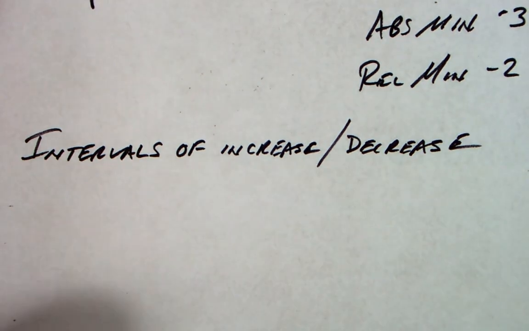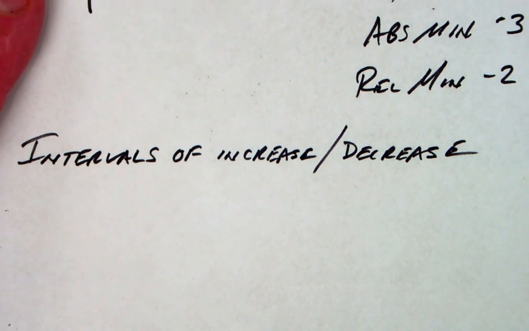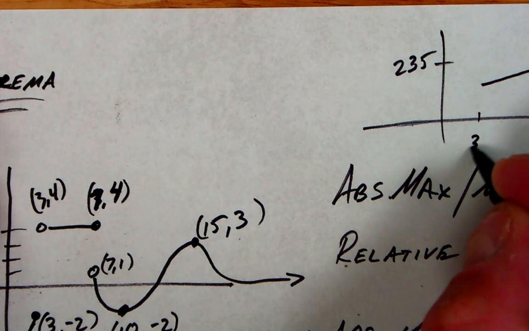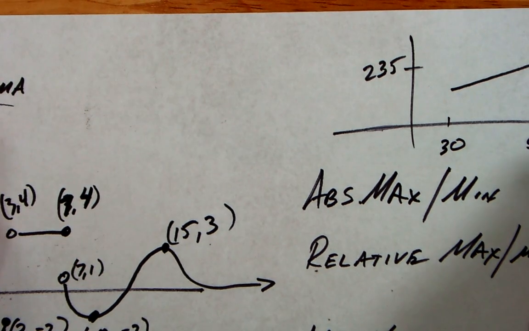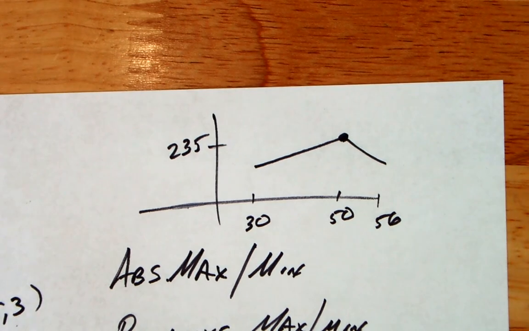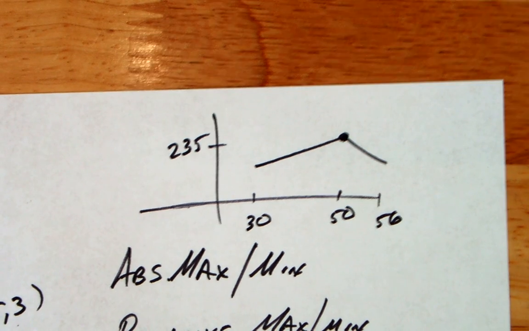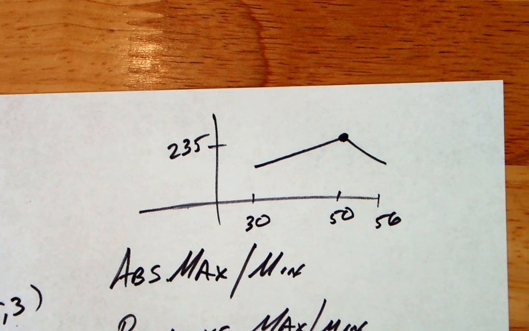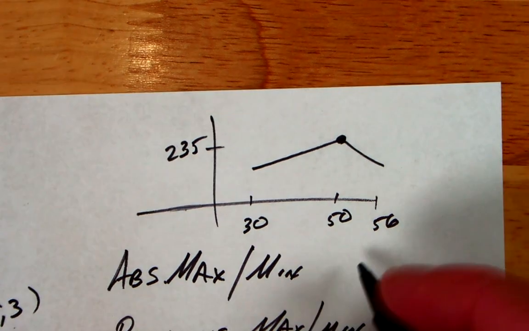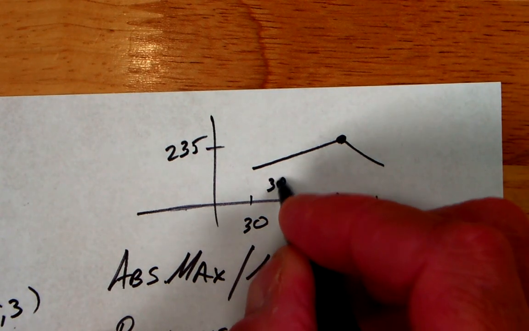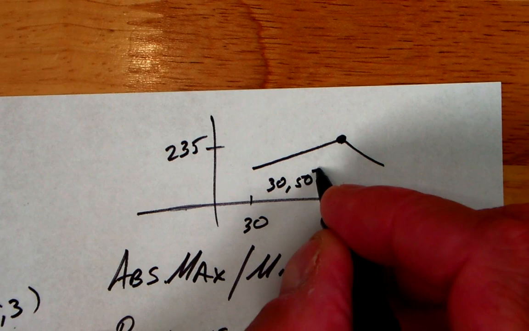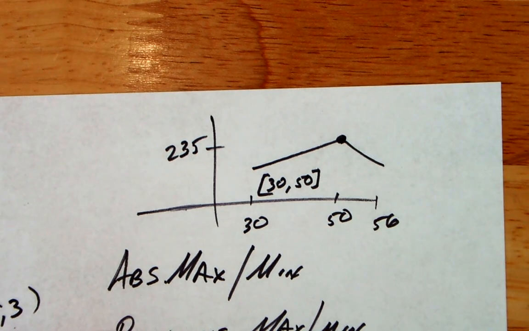Well, if I go back to my weight example, when was my weight increasing? From 30 to 50. That interval, right? If we wanted to write that in mathematical terms, we could say it's increasing from 30 to 50 using our interval notation. Where was it decreasing? From 50 to 56. And we could write the interval for that.